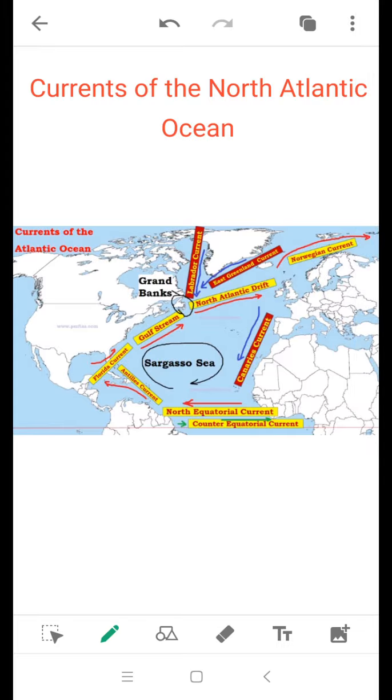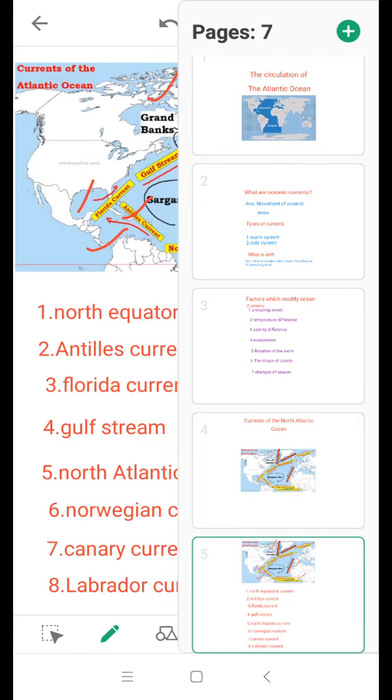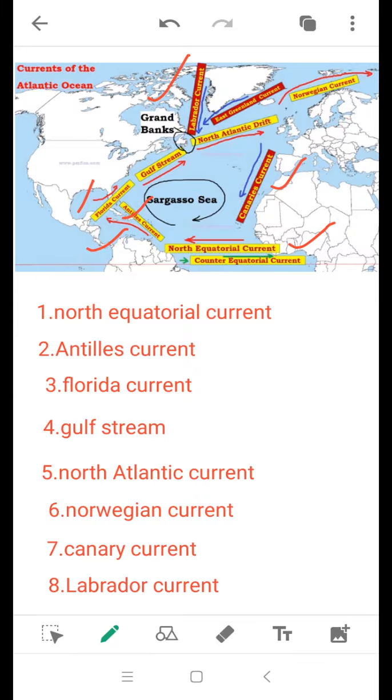Now we have the picture in front of us which is showing all the major oceanic currents of the North Atlantic Ocean, and we will discuss it one by one. Now we are seeing here the North Equatorial Current.